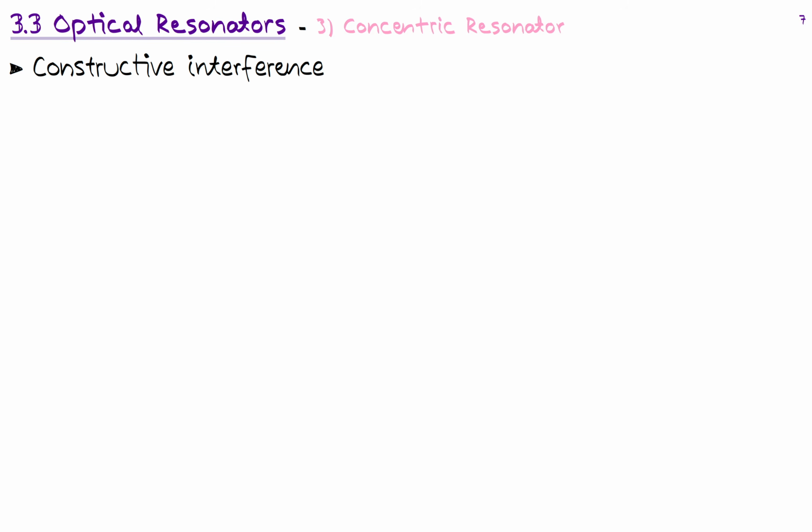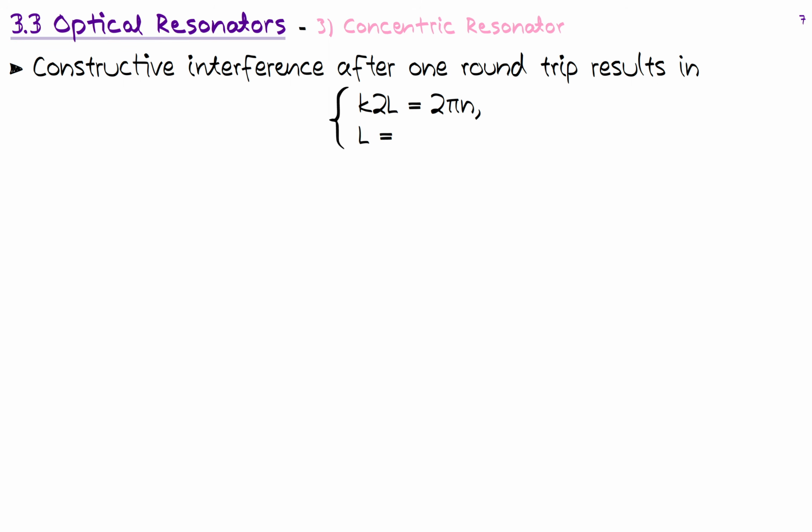Constructive interference after one round trip in this case gives us mathematics that looks like this. So we have k times 2L, the cavity length, equals 2 pi n, and L is now 2 times R, where R is the radius of curvature of the mirror.